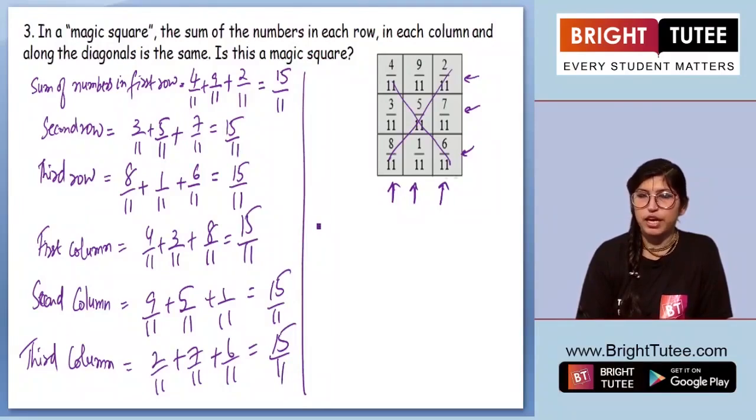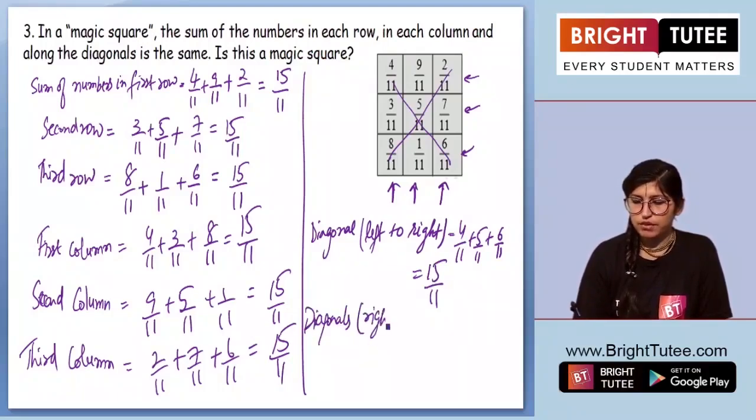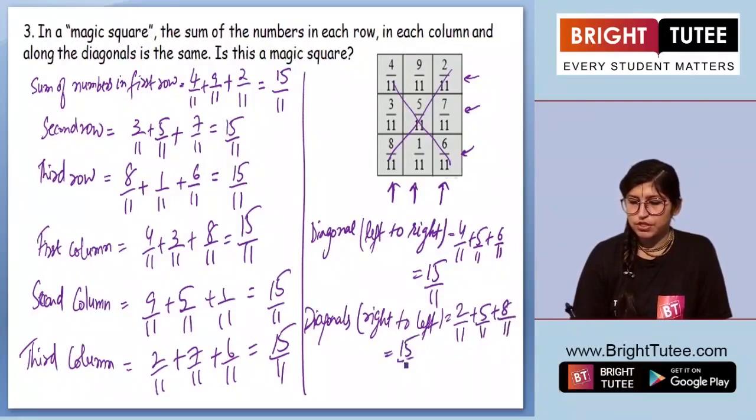Now let's talk about the diagonal. So the first diagonal, we can start from left to right. We'll be getting 4 by 11 plus 5 by 11 plus 6 by 11. So we'll get 15 by 11. Now the sum of the diagonal from right to left: 2 by 11, 5 by 11 and 8 by 11, which is 15 by 11.